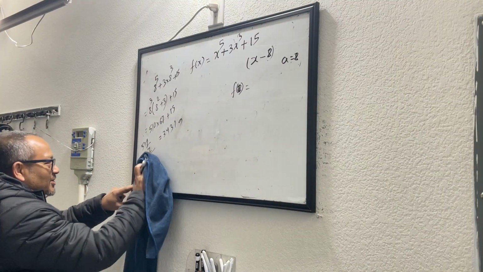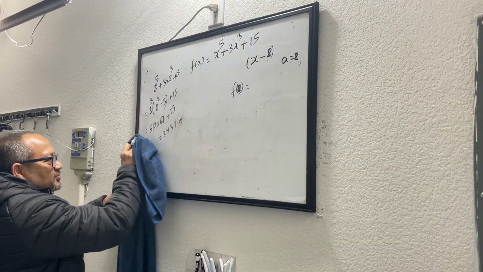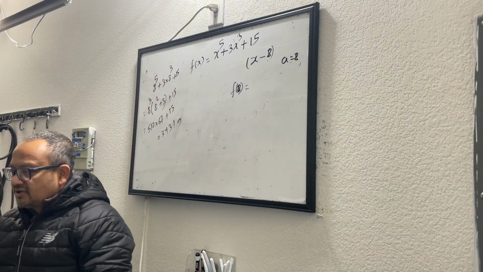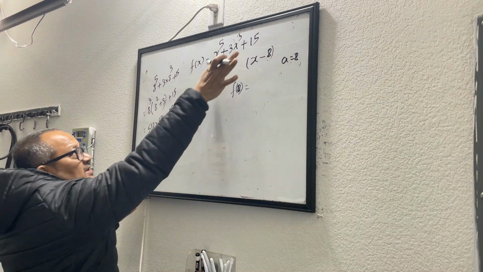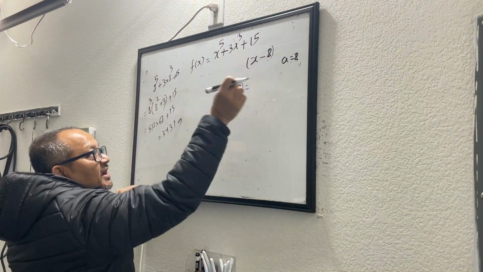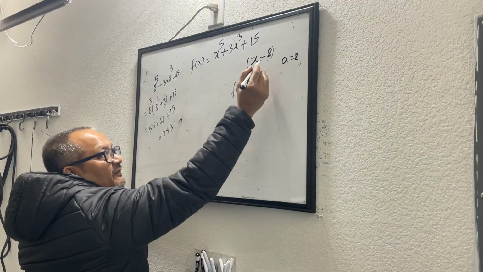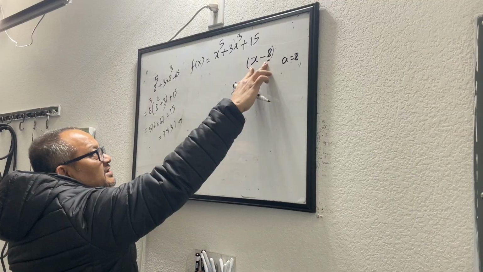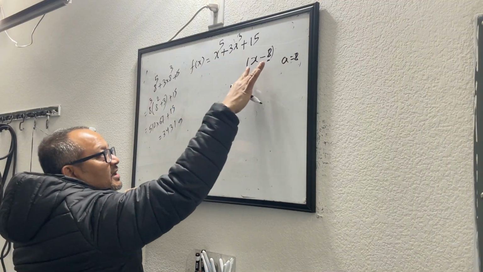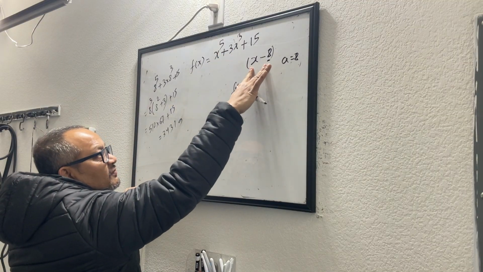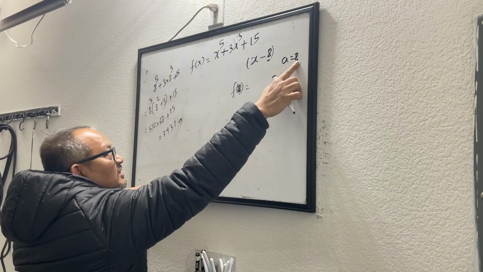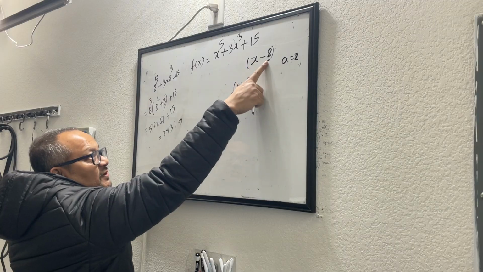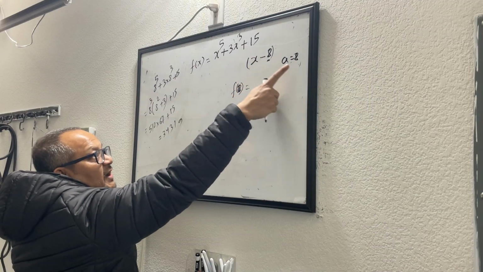I'm going back to my childhood days. Now as per the polynomial remainder theorem, if I tried dividing this polynomial by x minus 8, where 8 is my a, your remainder would be equal to f of a, which is f of 8 here, because I am dividing by x minus 8. So whatever you are subtracting from x, that is your value of a.